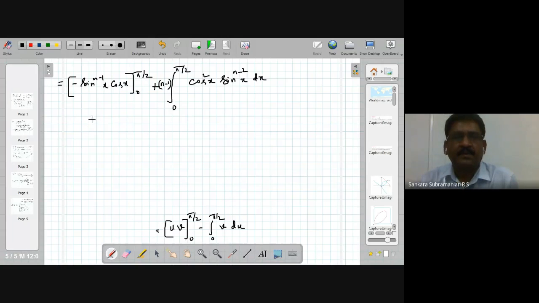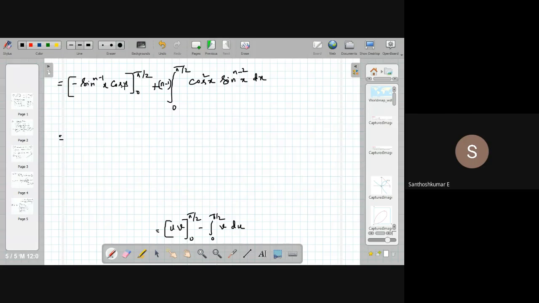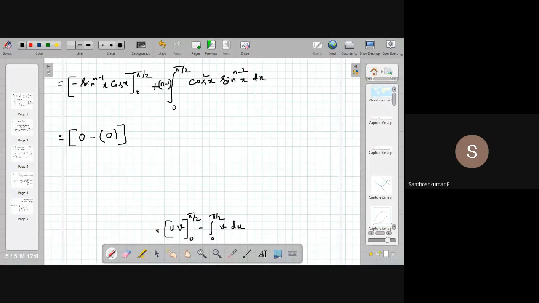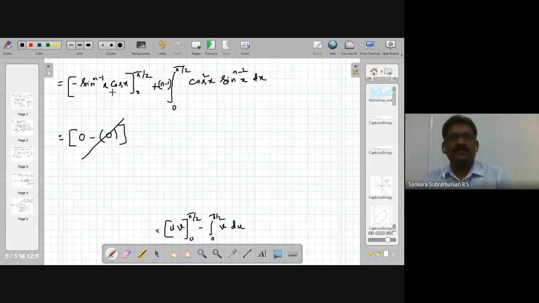Okay, so can you go ahead with the upper limit? What is cos pi by 2? 0. Upper limit 0 minus, if you go with lower limit, sin 0 is 0. So therefore, there is no term here. இதை சொல்லுங்க பார்க்கலாம்.